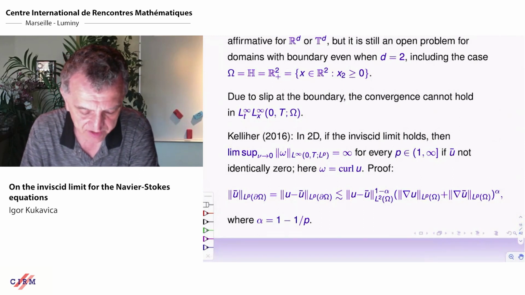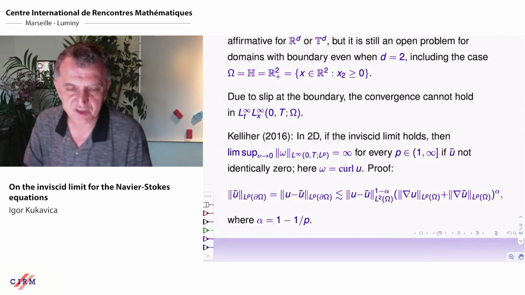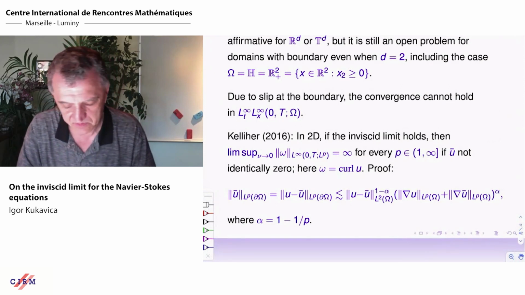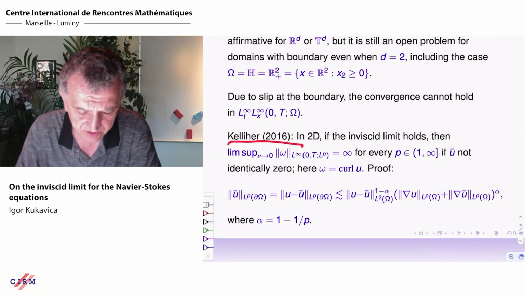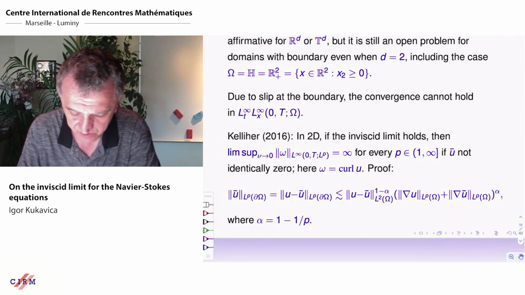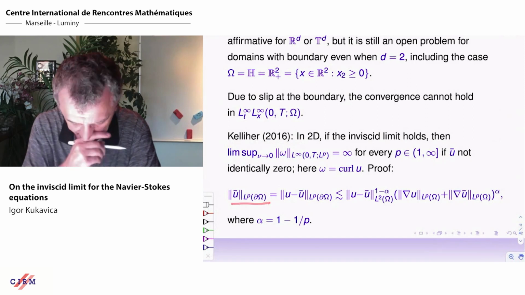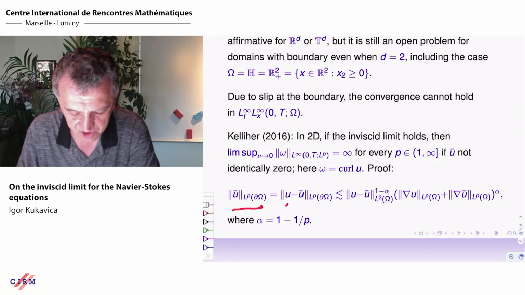And actually, there have been a lot of statements about what kind of convergence can hold and some sufficient conditions. So Kelliher in 2016 proved that the vorticity has to go to infinity. And it's actually a very quick proof. If you take the L^p norm of the Euler solution on the boundary, we can just write it as u minus u bar because u vanishes.